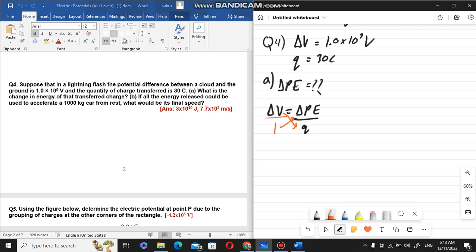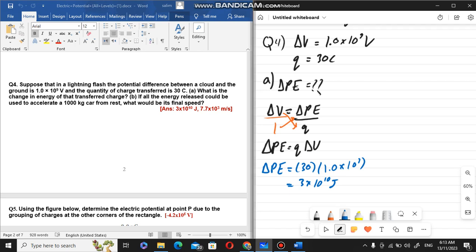So delta PE is equal to Q times delta V. So the change in potential energy is equal to 30 times 1.0 times 10 power 9, which is basically 3 times 10 power 10 joules. This is for part A.